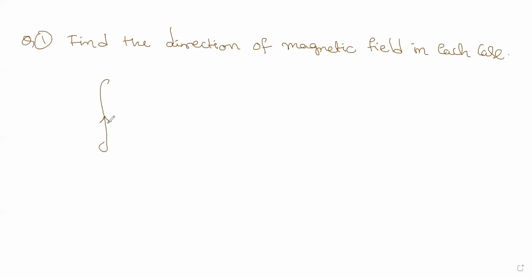So let me say this is the current like this. This is the current conductor. So here let us say the point P is there. Here let us say the point Q is there. And I want what is the direction of the magnetic field at P or Q? P and Q. So can you give me? That is question number 1. Guess and tell me.